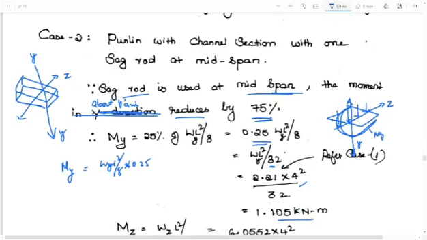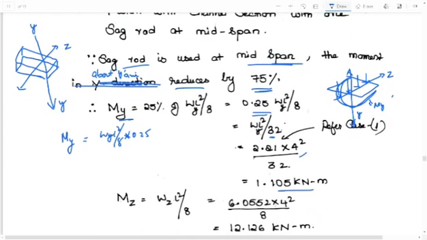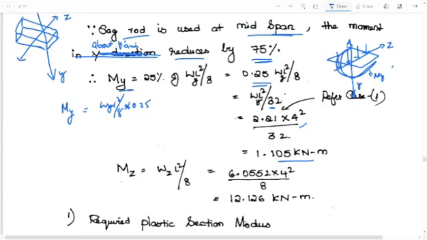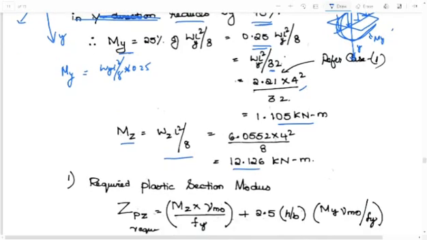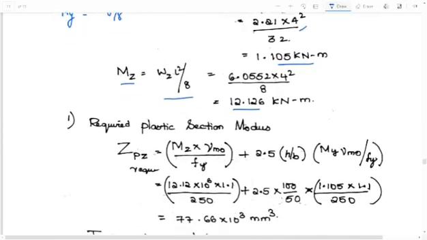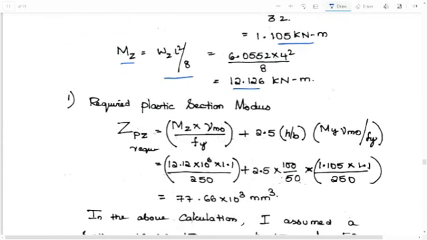This My is going to decrease because of the sag rod. So on calculation it is 1.105 kilonewton meter and Mz will be the same, which will be 12.126 kilonewton meter.